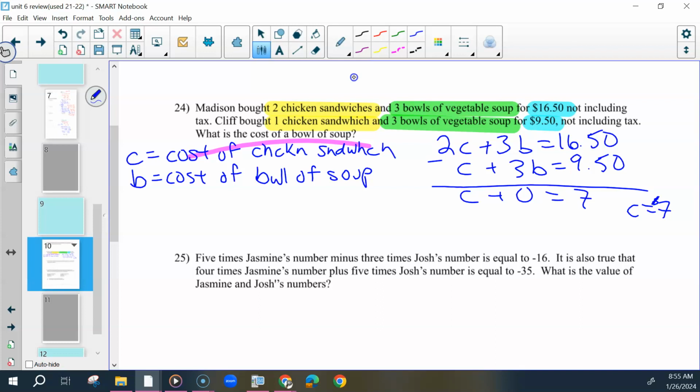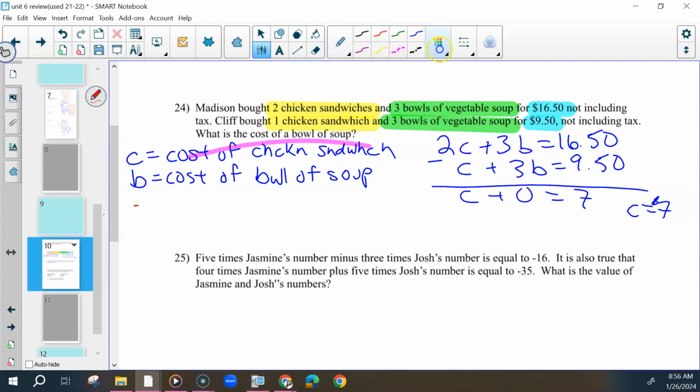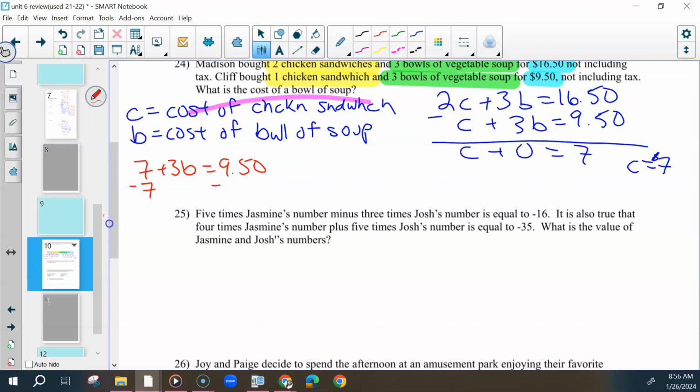And then we have to go back and find B. So I'm going to put that into the second one. Get rid of 7. We have 3B equals 250. And when we divide, you'll get a decimal. What is that decimal?